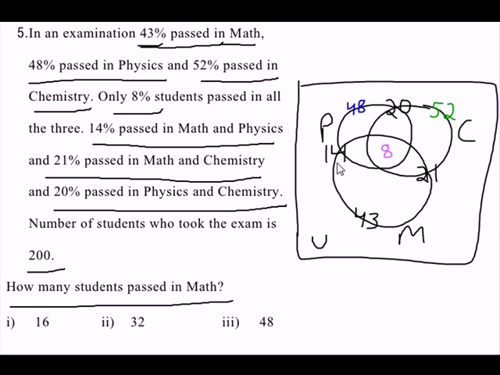That would be 14 minus 8, which is 6. So 6 students passed only in physics and maths and not in chemistry. 14 students passed in physics and maths, and only 6 passed only in physics and maths.